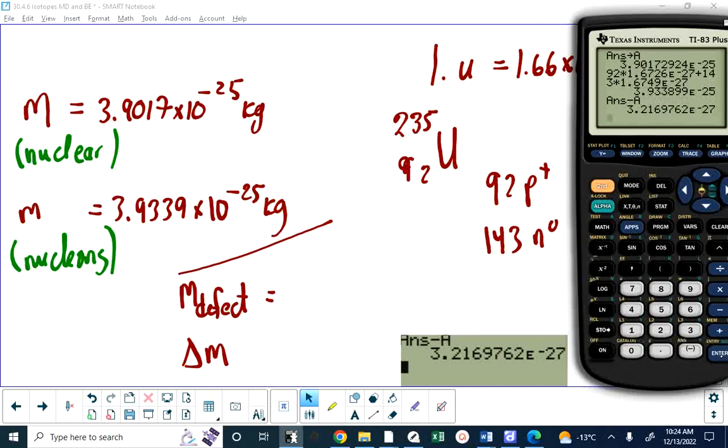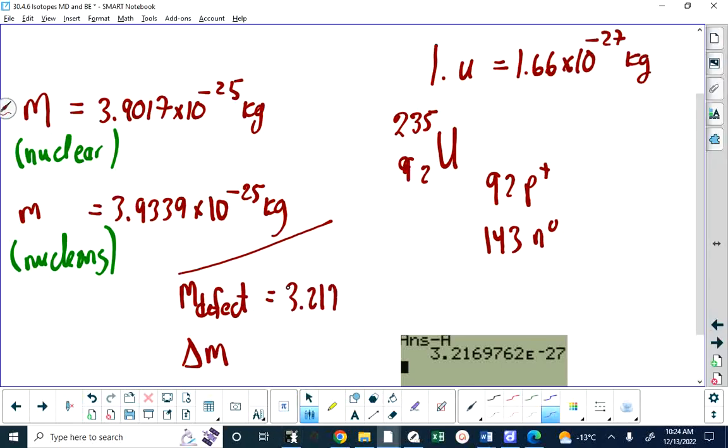And I get 3.217 times 10 to the negative 27. Still in agreement on the numbers? Unfortunately, the way Physics 30 is set up, if I wanted to know the mass defect in atomic mass units, I have to convert everything to kilograms so that I can do the work, and then I have to go back to atomic mass units, because you're not given atomic mass units for the proton and neutron.